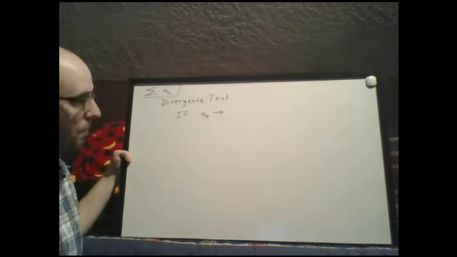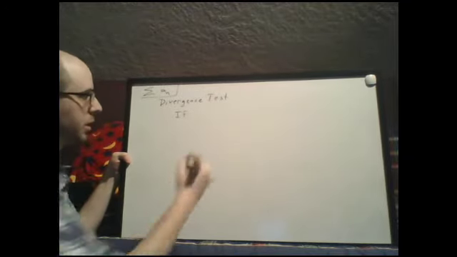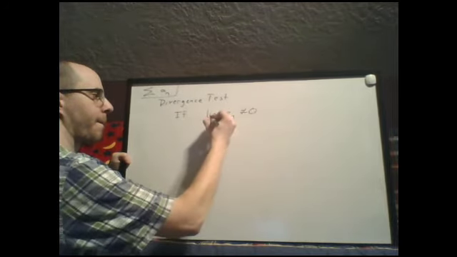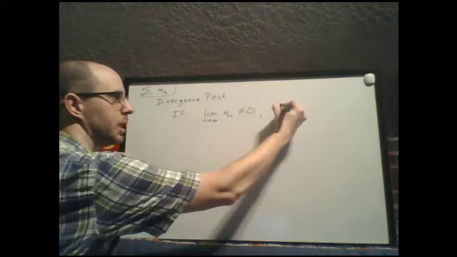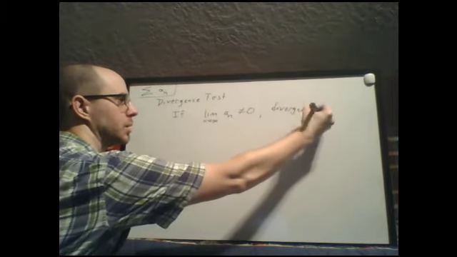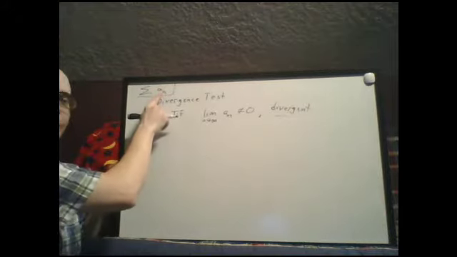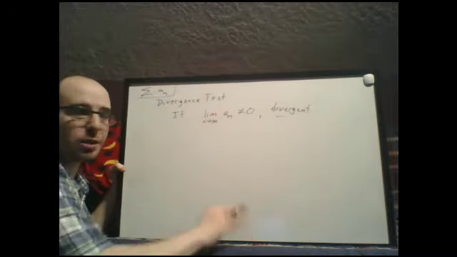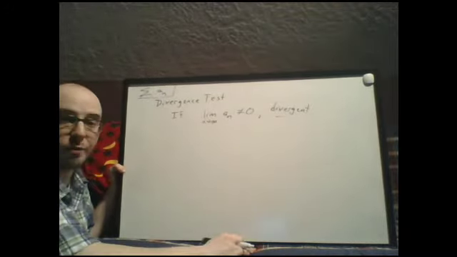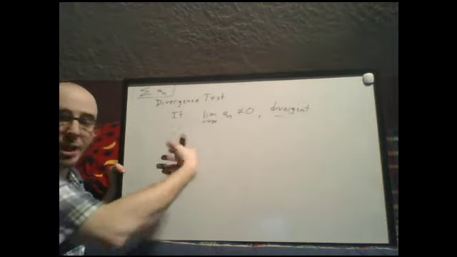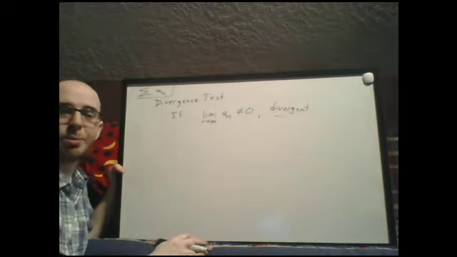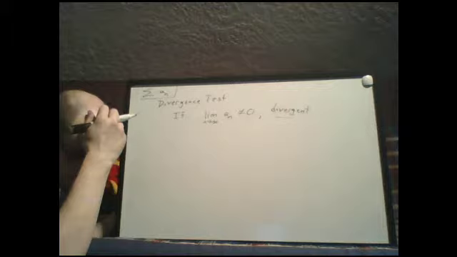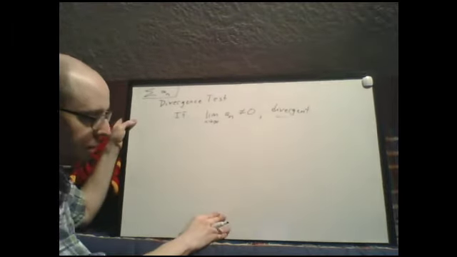If the limit of a_n is not 0, and you easily see that, the divergence test tells us that it's divergent. So if the terms of your sequence clearly don't go to 0, then there's no point doing anything else. It's divergent. Now, if it does approach 0, or it's not easy to tell whether or not it approaches 0, then the divergence test might not help. But if it's easily seen to be a non-zero limit, then you're done.